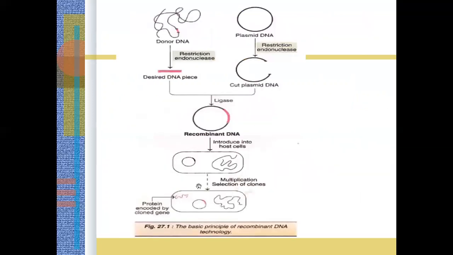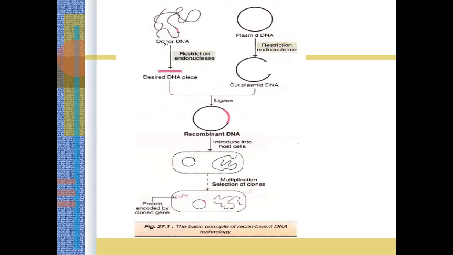Now, you can see with the help of this model the basic principle of recombinant DNA technology. This is the donor DNA and this is the plasmid DNA. The vector used here is a plasmid DNA. A particular site is specific for the restriction endonuclease, which will cleave the particular 5' and 3' sites on the plasmid DNA molecule. You can see the cut in the plasmid DNA.